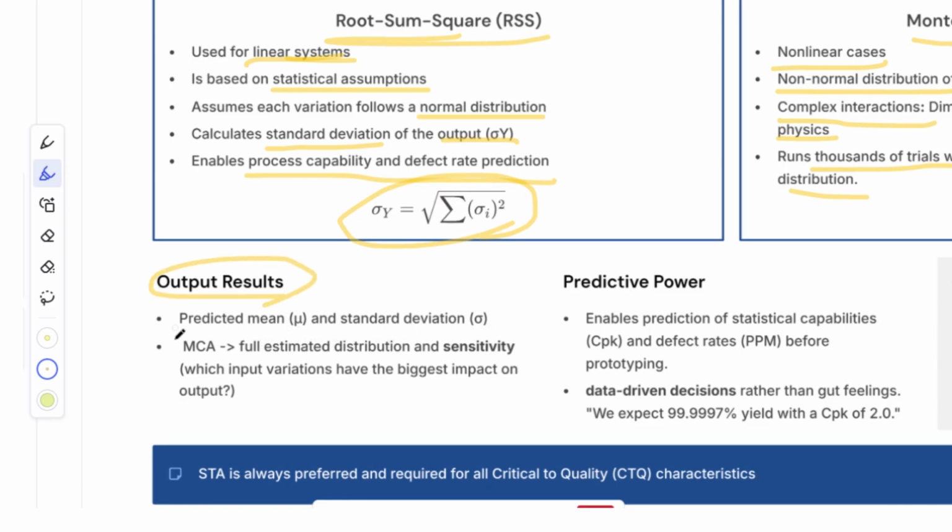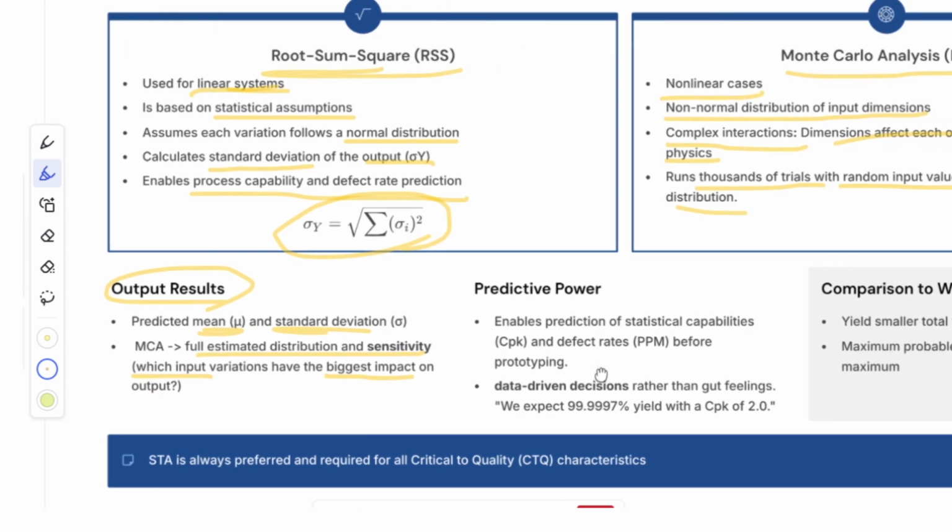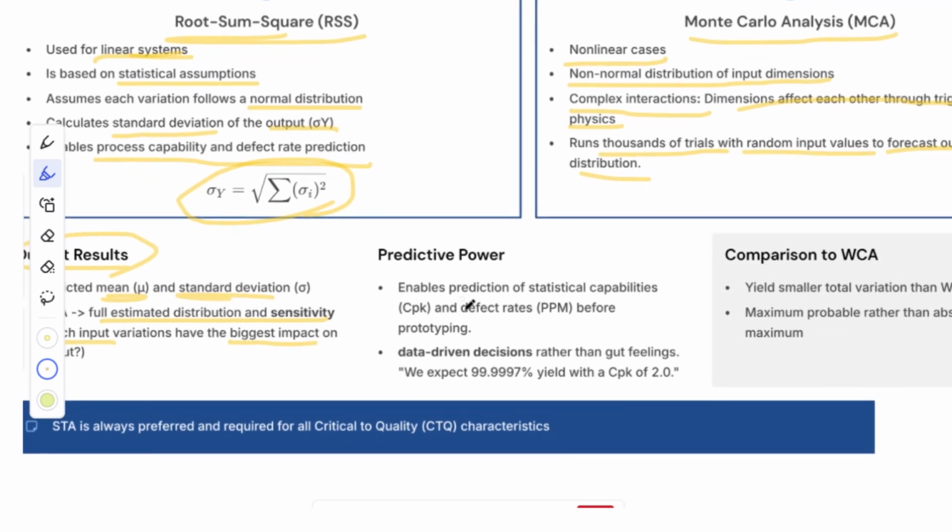And by doing that, it enables sensitivity analysis, like which input has the biggest impact on the output. I mean, which tolerances you should focus on if you want to change or control your dependent variable, your output. So this is a very key feature and a powerful aspect of statistical tolerance analysis using the Monte Carlo tolerance analysis.